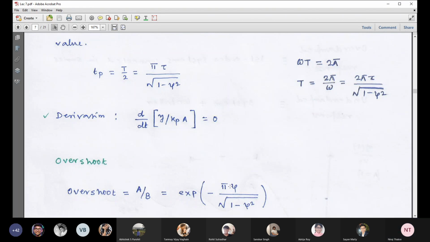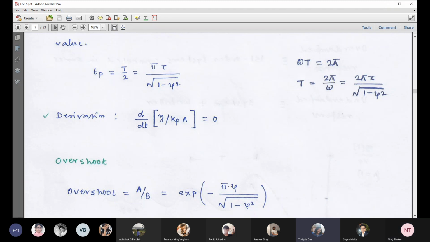Yes, sir. Got the expression for Tp? Sir, I got sine omega t equal to 0. Yes, equal to 0 you got. So that is equal to sine n pi, you write? Yes, sir. So here n equal to 1.